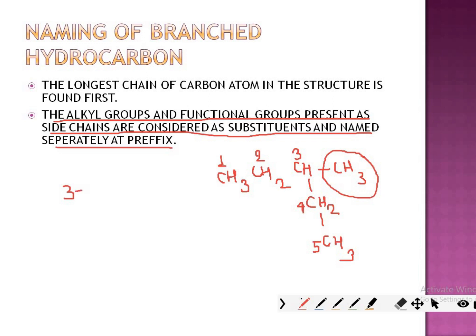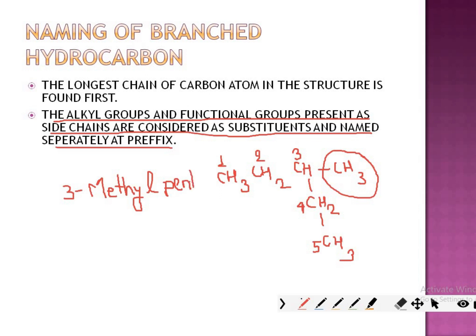So this is 3. Now what is the name of this group? The name of this group is methyl. And then the word root name of the longest chain. What is the word root name for 5? Pent, right? So it will be pent.